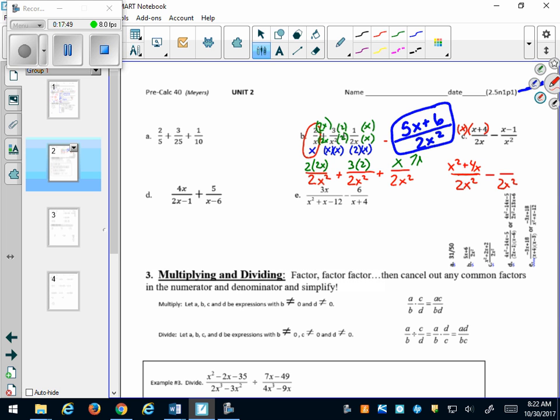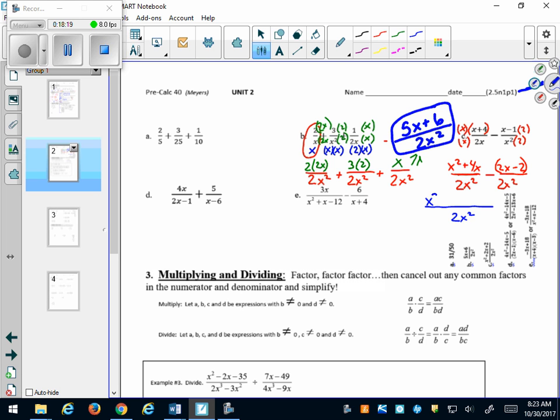For the second piece of this, what would you have to multiply top and bottom by? 2. So you're going to get 2x minus 2. Now, we're subtracting, so you have to remember to distribute this negative when you get your numerator here. So your denominator is still going to be 2x squared.